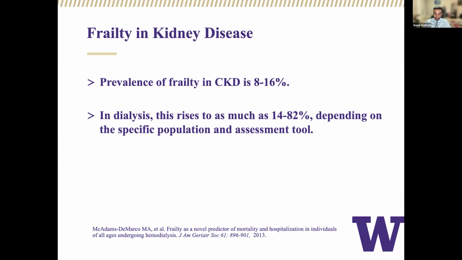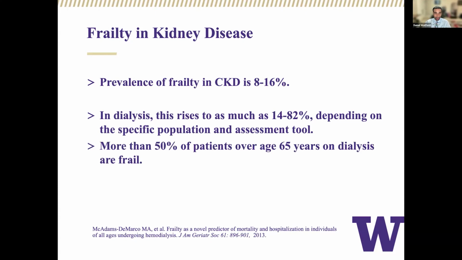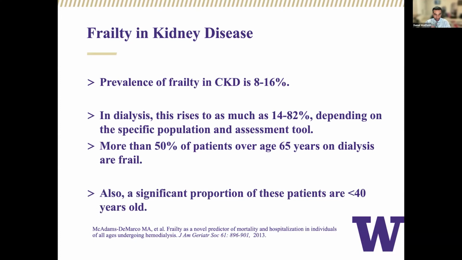And there are a number of assessment tools out there. More than 50% of patients over the age of 65 who are on dialysis are considered frail. It's also important to point out that a significant proportion of these patients are younger, less than the age of 40. So keep in mind that although frailty is very much associated with advanced age, age is not the only factor that contributes to it.